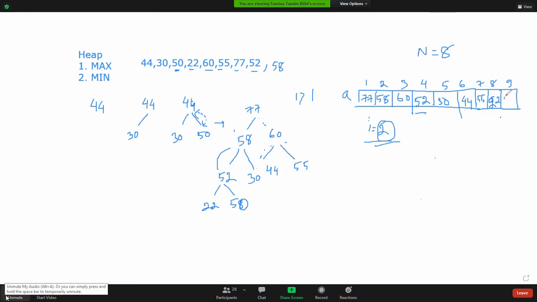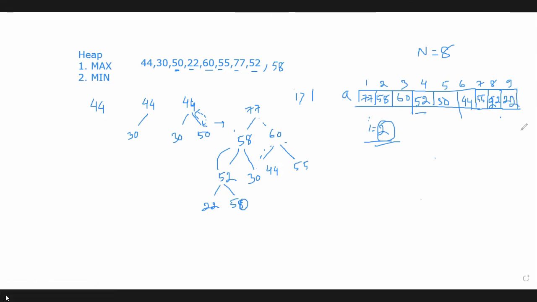Yeah, we can use a linked list also, but we'll use an array because here we are linearly inserting the locations. In a linked list, we don't usually insert the element in sequential memory locations. That's why we will use an array. So that is max heap insertion.